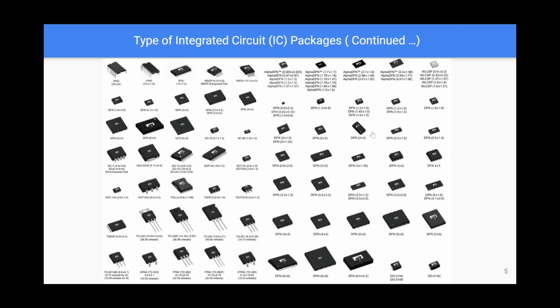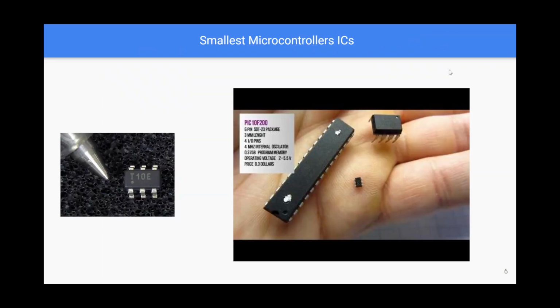Again, continuing with the same thing, many forms and packages and pin counts. But since our focus is on microcontrollers, you can see that microcontrollers can be as tiny as this one. Okay, and this is also a good picture which I found.